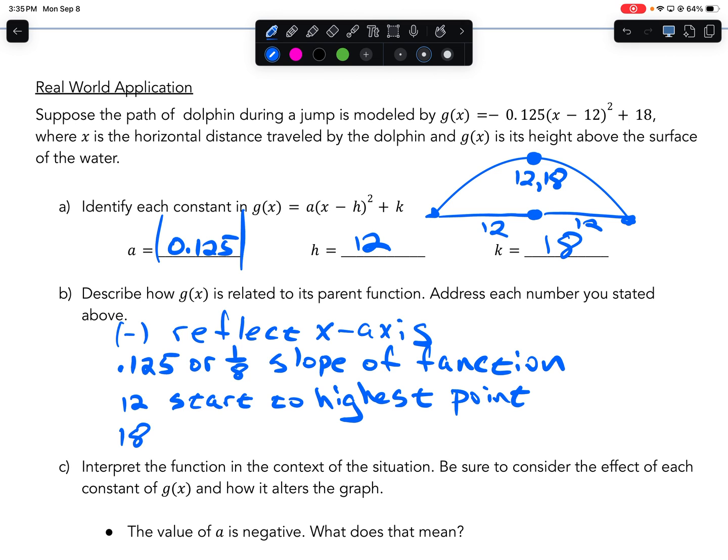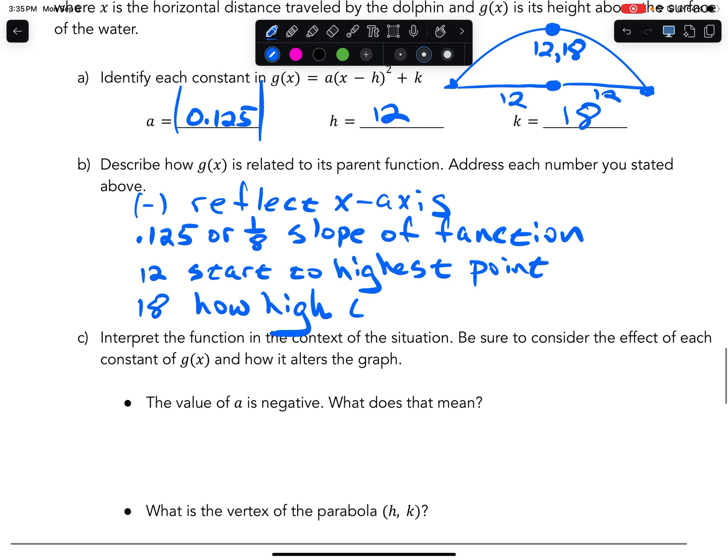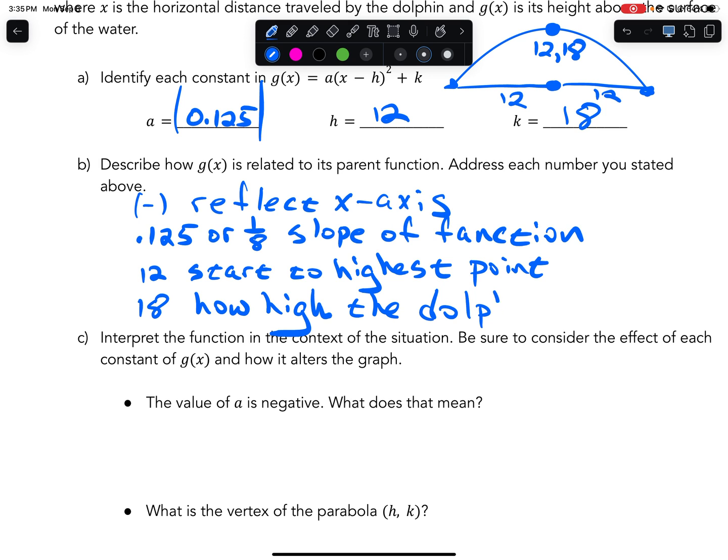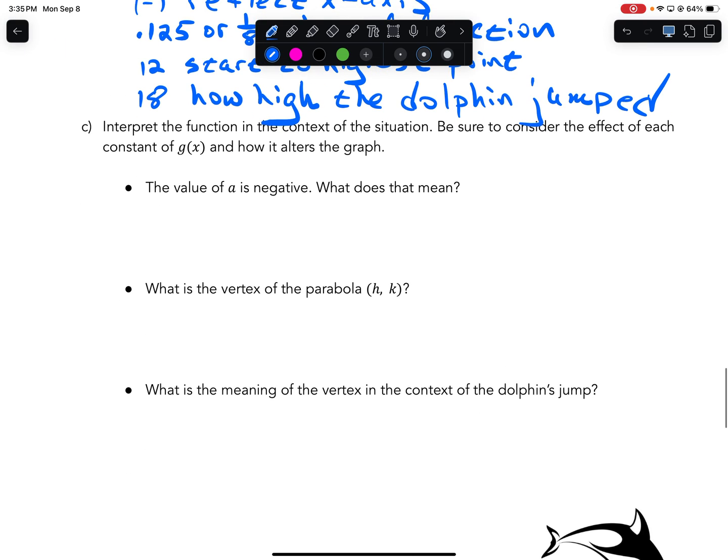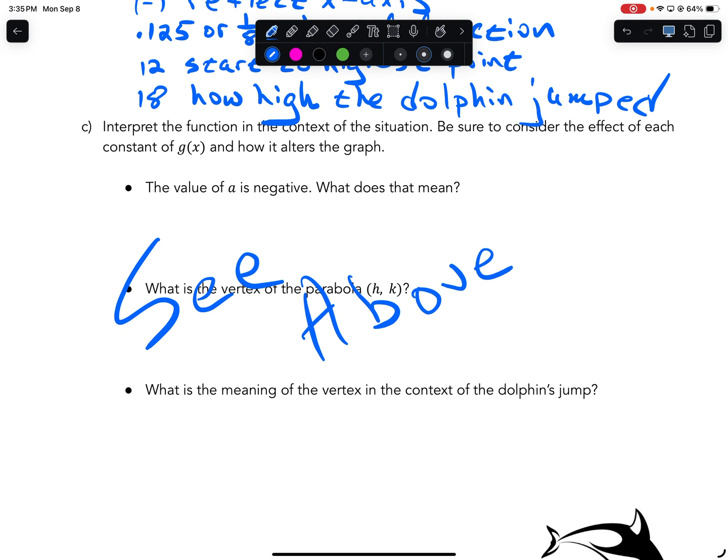At the peak, it was 18 feet. And then for these questions down here, I'm just going to say, see above, because we already answered all those questions.